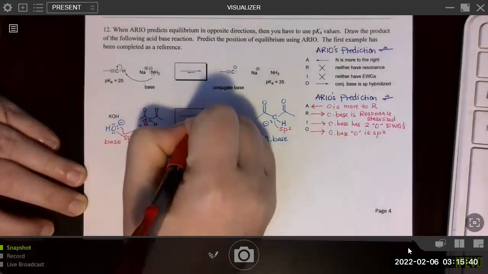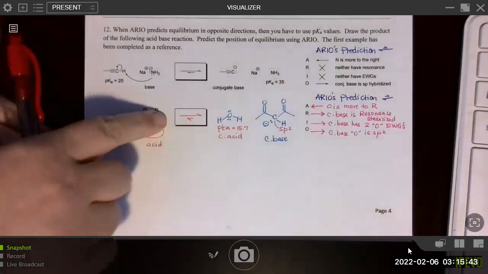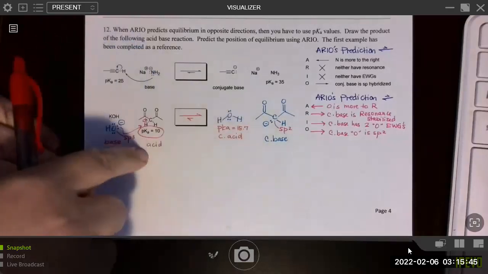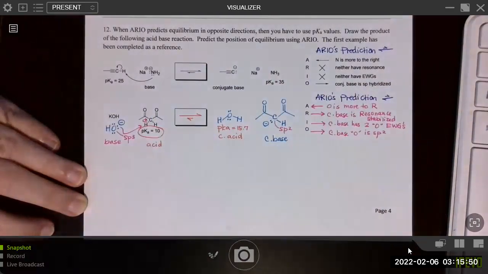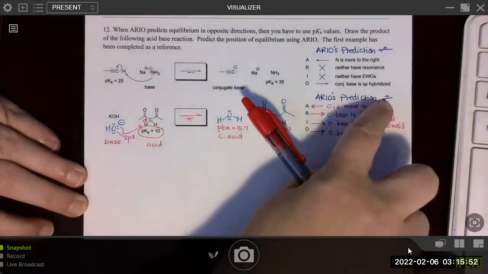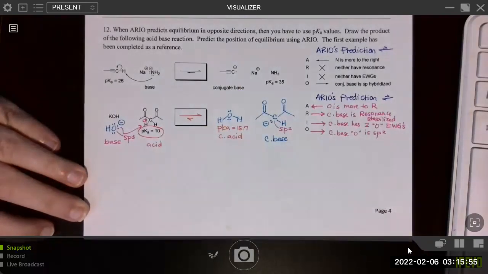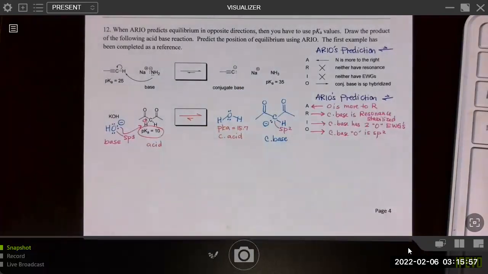So this is the equilibrium based on pKa value, which is more accurate than our qualitative analysis of ARIO, but it actually doesn't match the prediction. So these are 2 cases where the true position of equilibrium doesn't match ARIO's prediction. So we always have to be careful and know that ARIO is helpful, but it's not foolproof. There can be exceptions, whereas pKa value will always tell us the true position of equilibrium.